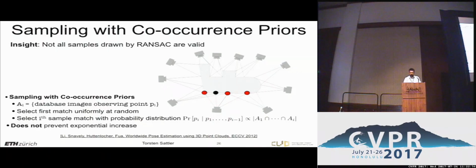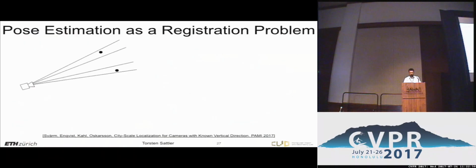And at CVPR 2014 there was a very nice paper on a deterministic outlier filter. There's also a PAMI 2017 version of this paper. And it's based on modeling pose estimation as a registration problem.